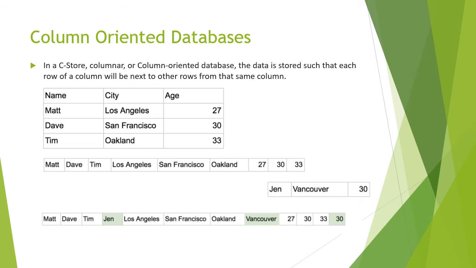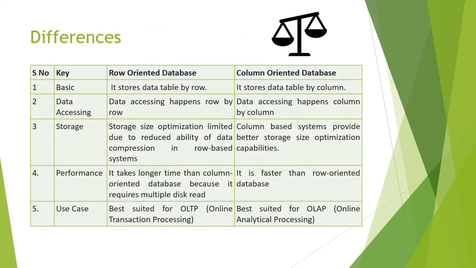So finally, I just want to tell the differences between the row oriented database and the column oriented database. The first thing, as we know, this is a row level database and that is a column level database, and the data access happens at row level in one and column level in the other. Coming to storage optimization, or the space occupied, it will be much better and more optimized in the column oriented database.